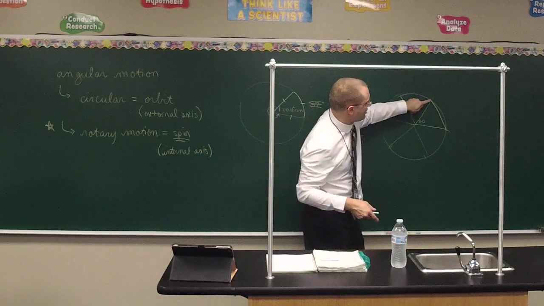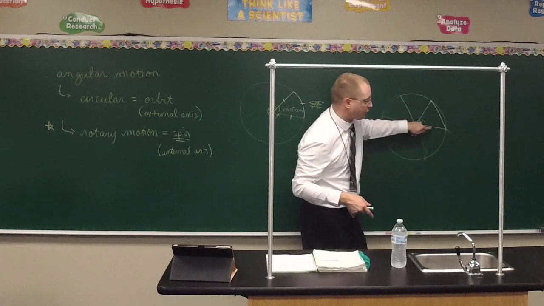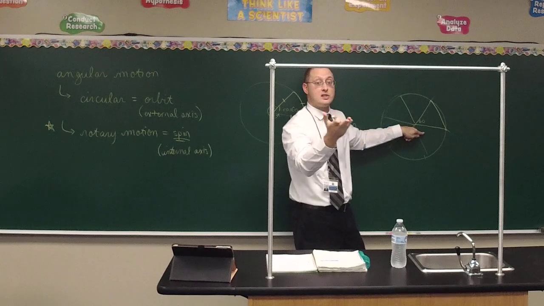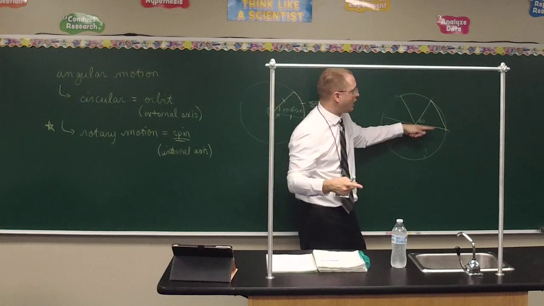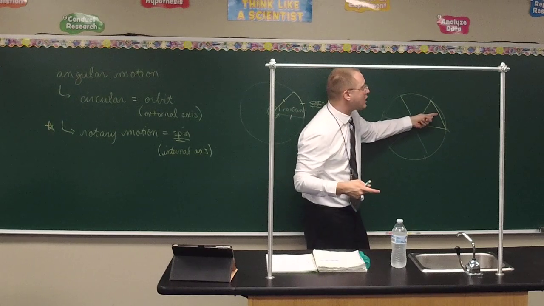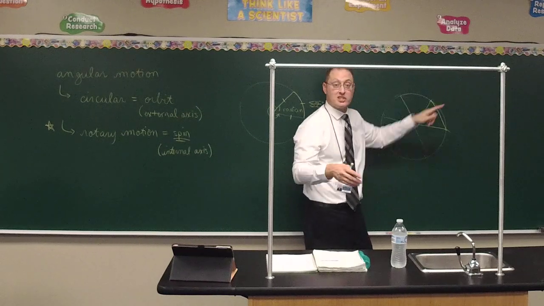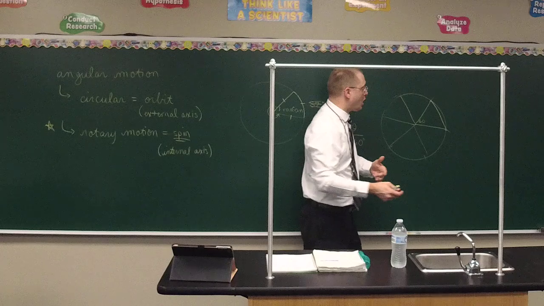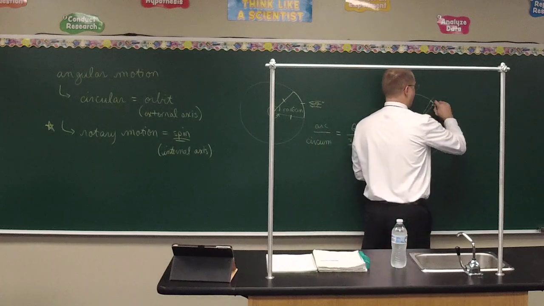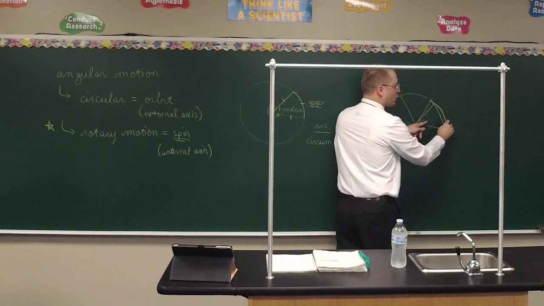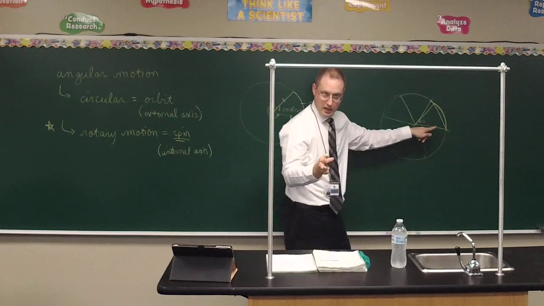But here you see that the chord is equal to the radius. The shortest distance between 2 points is a straight line. So this straight line, if it equals the radius, then the arc, which is not a straight line, must be slightly longer than the radius, right? So we would need to shrink that angle down to, like I said, about 57.3 degrees, so that now not the chord, but the arc equals the radius.